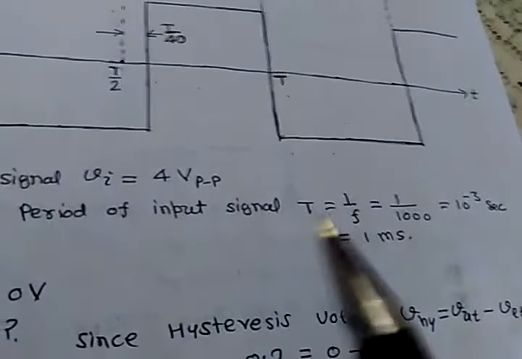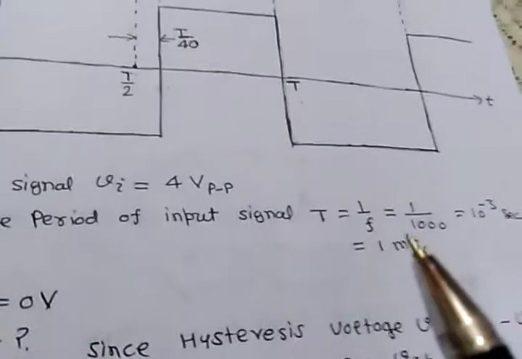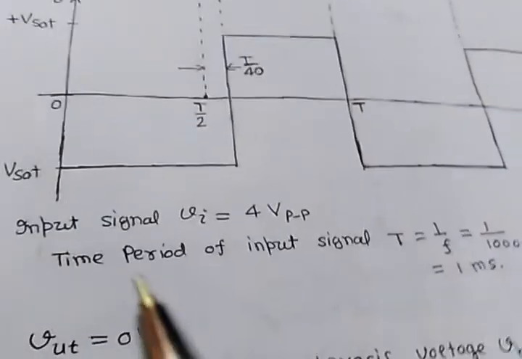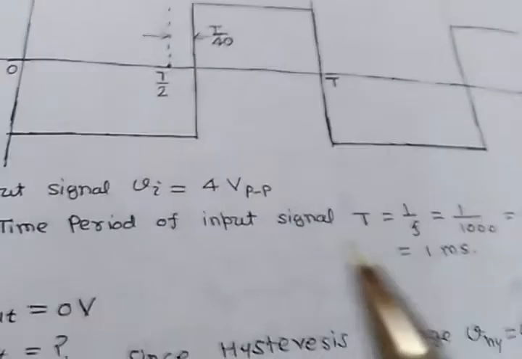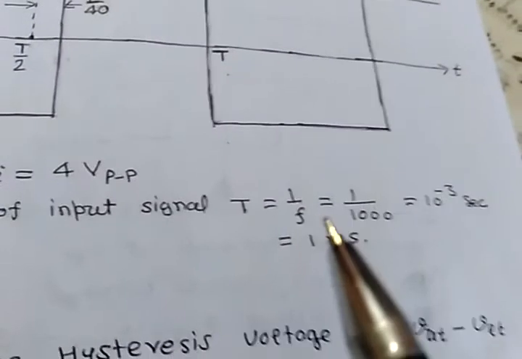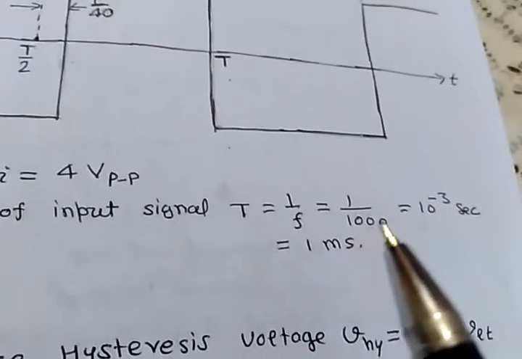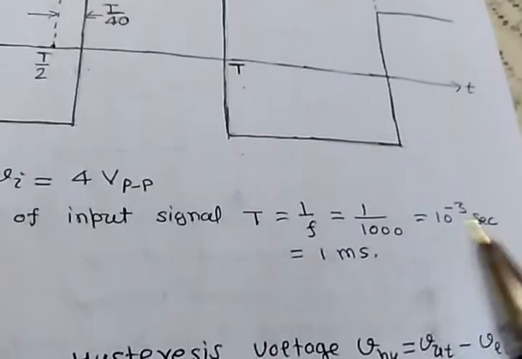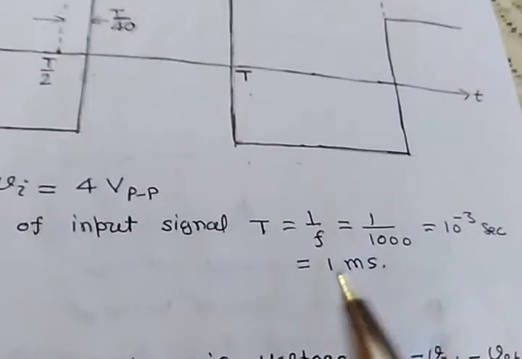And the frequency of the signal is also given, f equals 1000 Hz. Using this, I have calculated the time period of the input signal, T equals 1 upon f. Put the value of frequency, 1 kilohertz means 1000 Hz. So time period will be 10 to the power minus 3 second, means 1 millisecond.